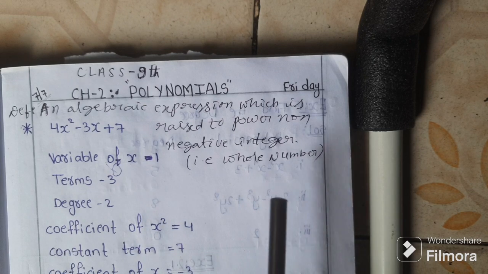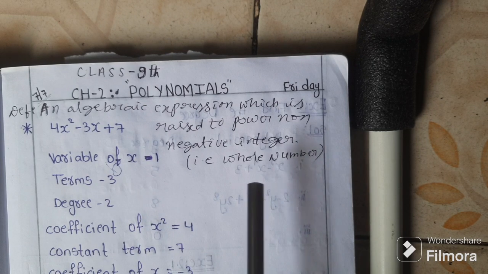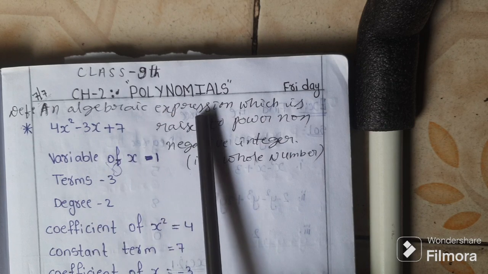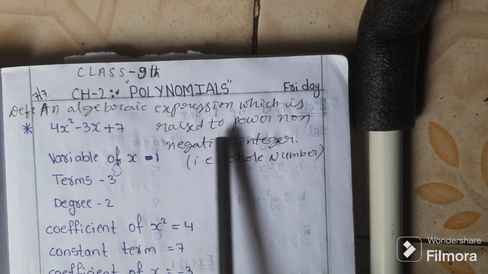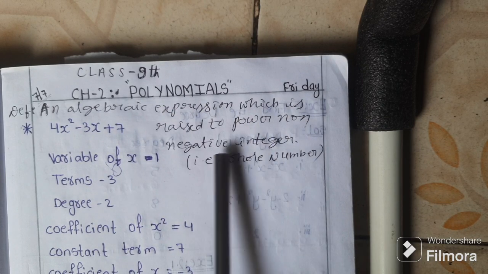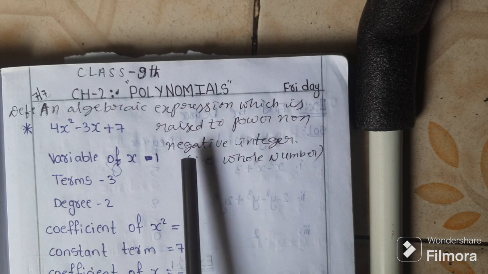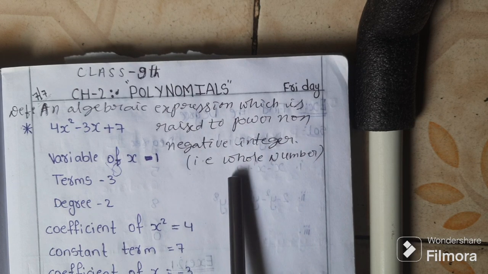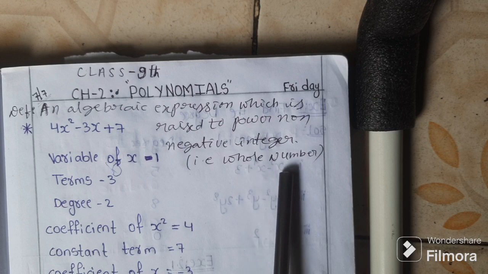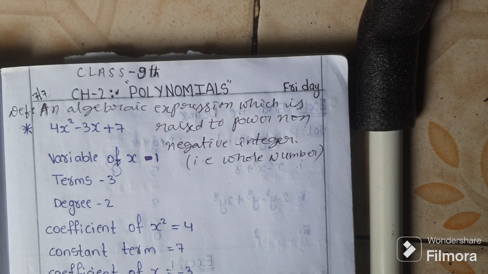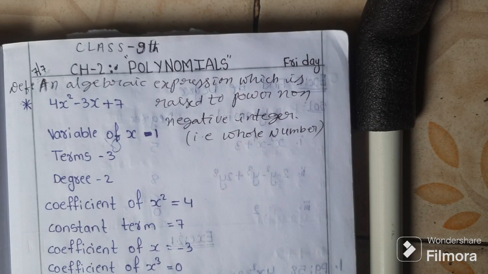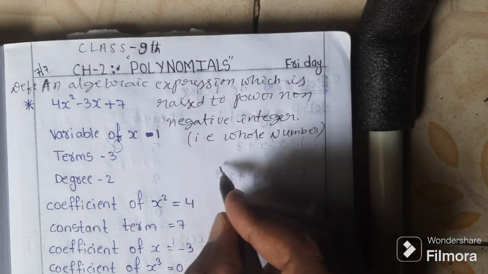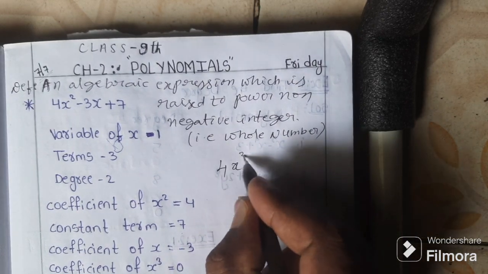Now we are going to discuss the polynomial definition. An algebraic expression whose powers are non-negative integers. That means the power should be a whole number, not negative numbers; 0 onwards it will be starting. Suppose I am giving 4x cube.